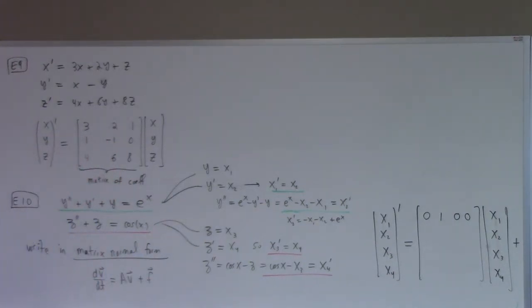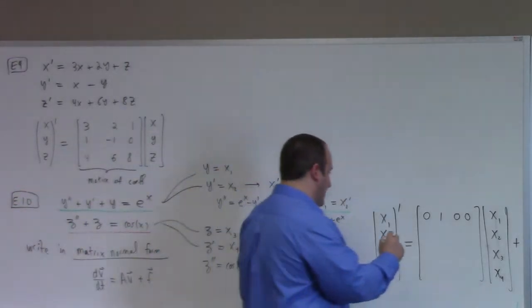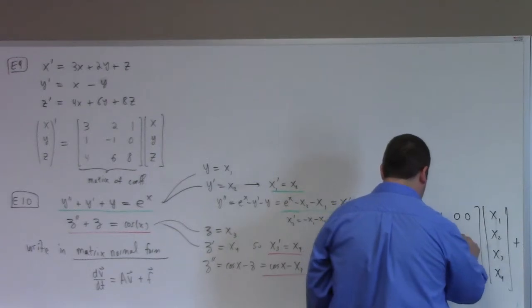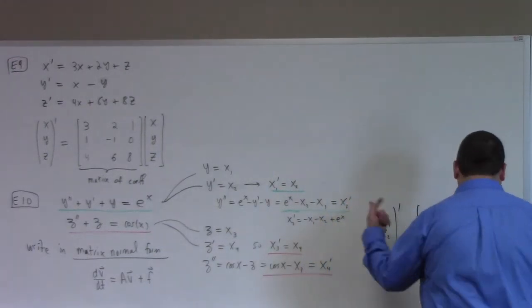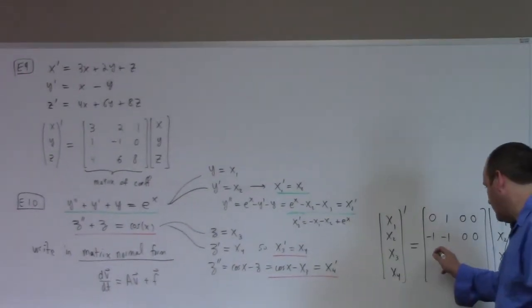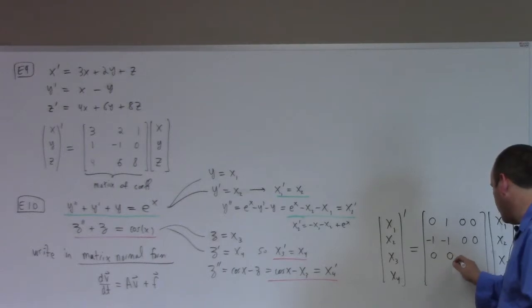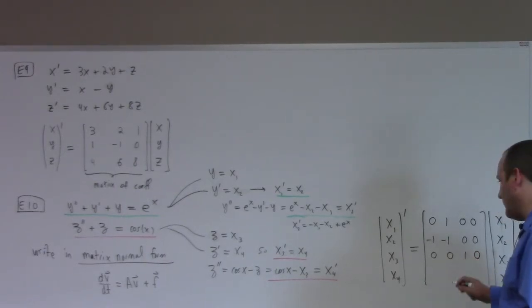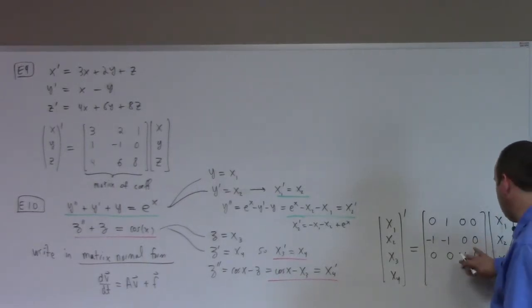What's my second row? It's minus 1, minus 1, 0, 0, and then we have an e to the x over here. My third row is 0, 0, 1, 0, I think. Oh, wait a minute, oopsie.